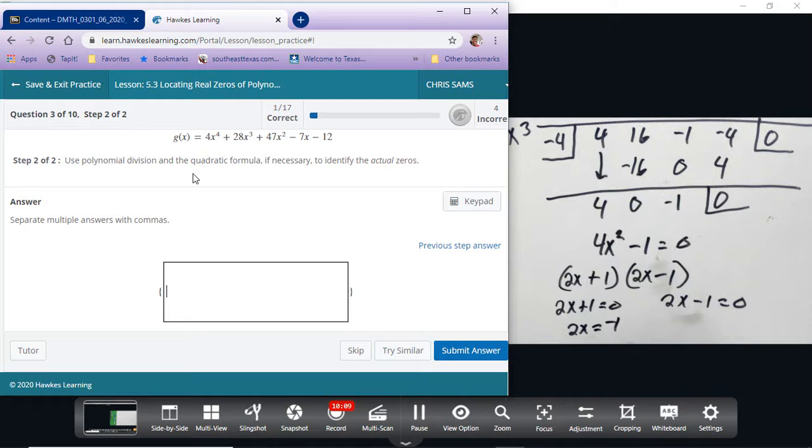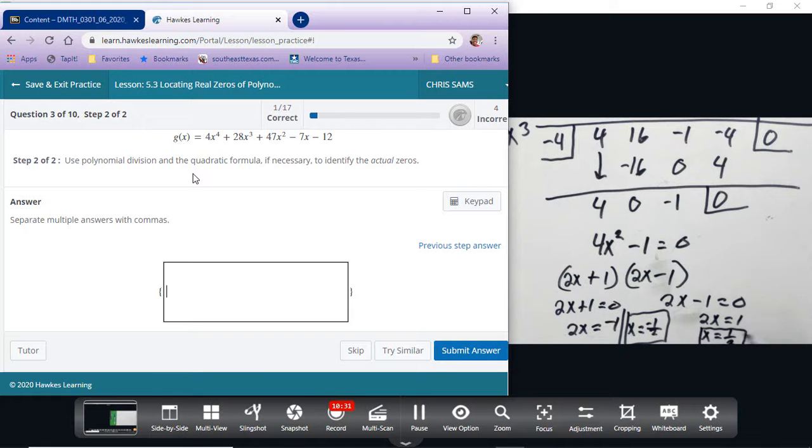Divide by 2, and I'm running out of room, we will get x equals negative 1/2. So that's one of the numbers that we confirmed up top. And then here I would add 1, so that would give me 2x equals 1, and then divide by 2, and that gives you x equals positive 1/2.